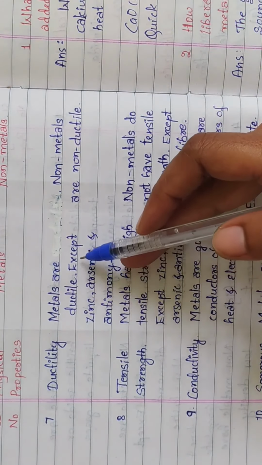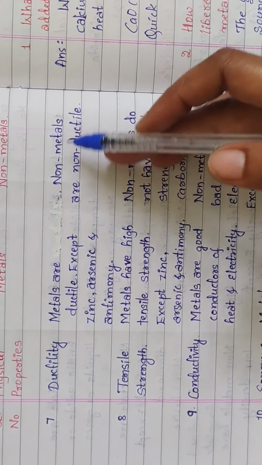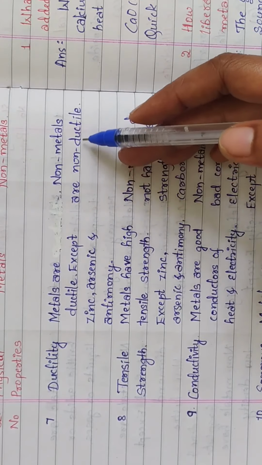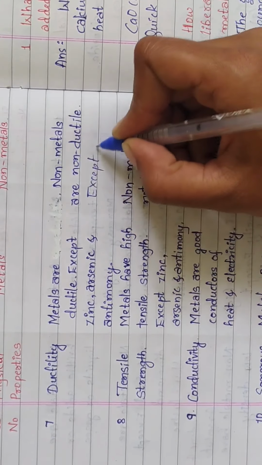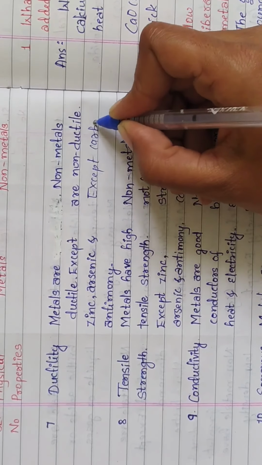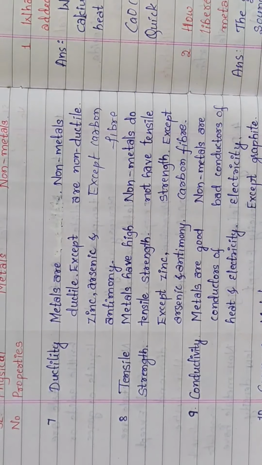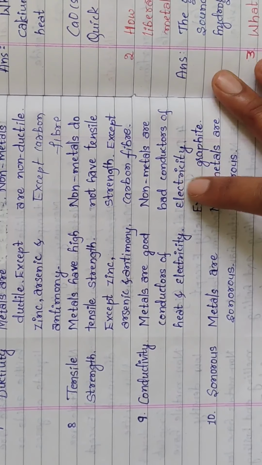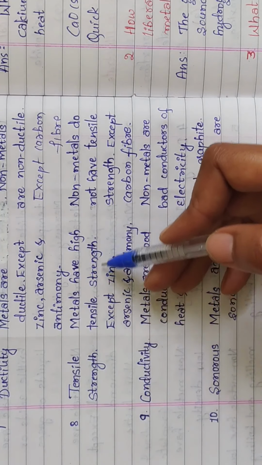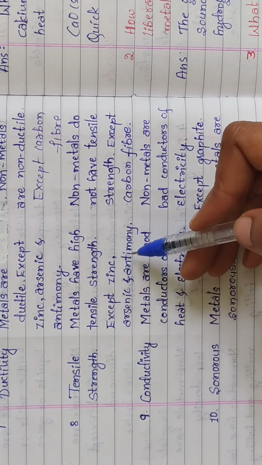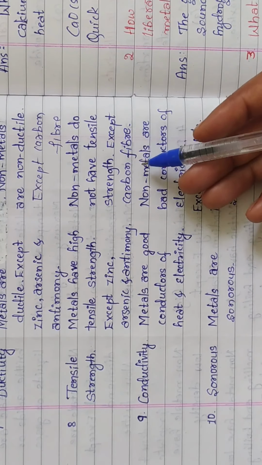Metals are ductile except zinc, arsenic and antimony, whereas non-metals are non-ductile except carbon fiber. Next, coming to tensile strength, metals have very high tensile strength except zinc, arsenic and antimony, whereas non-metals do not have tensile strength except carbon fiber.